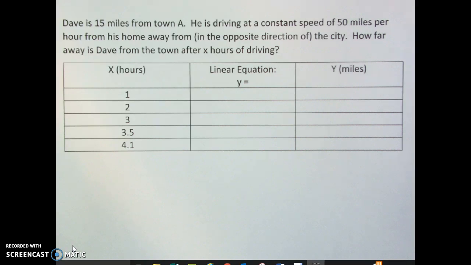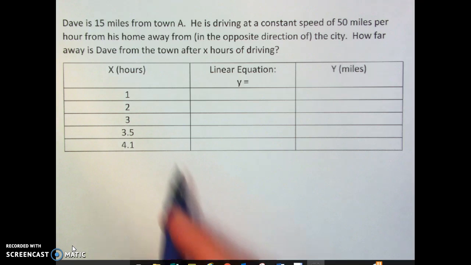All right, last example. Dave is 15 miles from town A. He is driving at a constant speed of 50 miles per hour from his home away from, in the opposite direction of the city. How far away is Dave from the town after driving for X hours? So let's think about this.